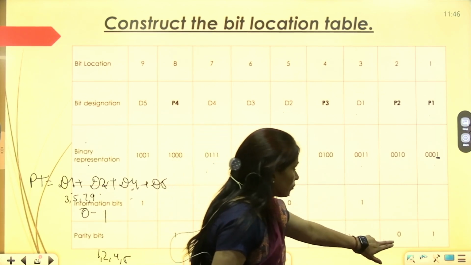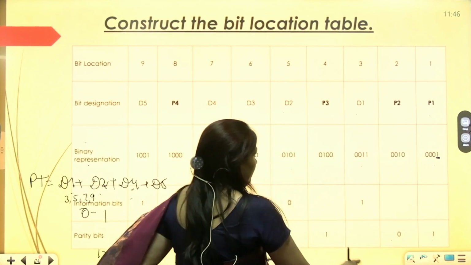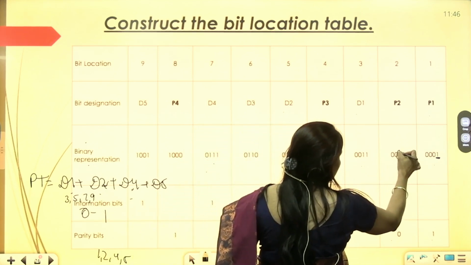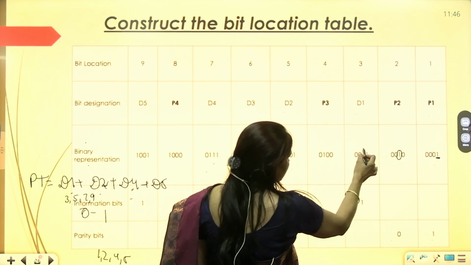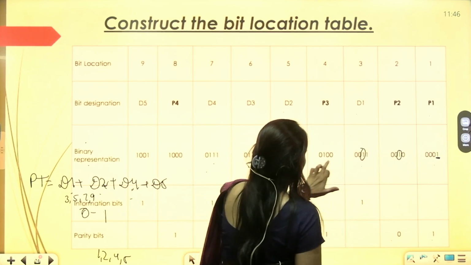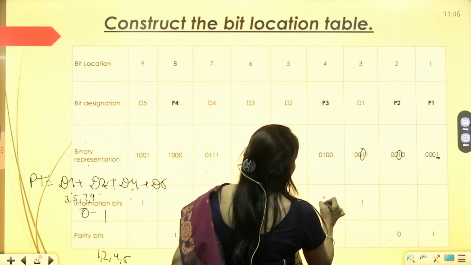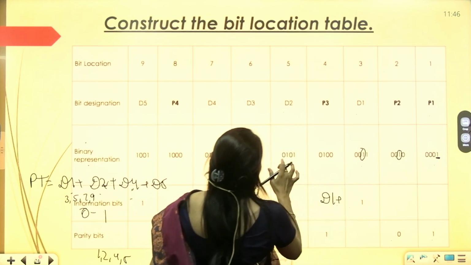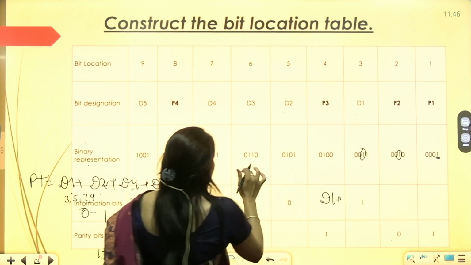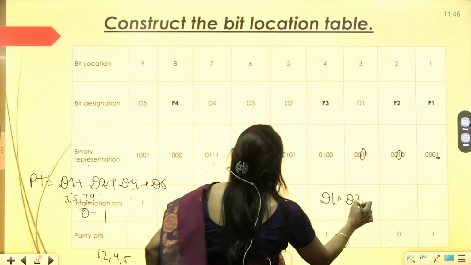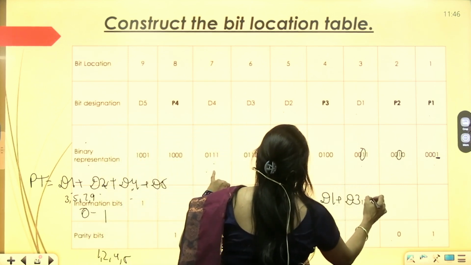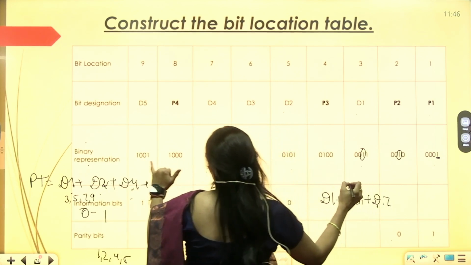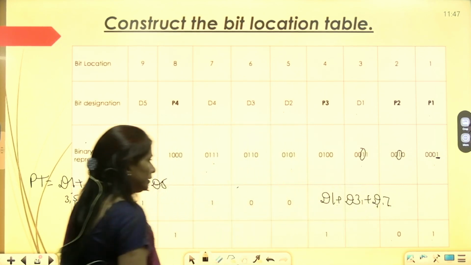Next, find the value of P2. For P2, the position is the second position. Check which positions have a 1 in the second position: D1, D3, D7.